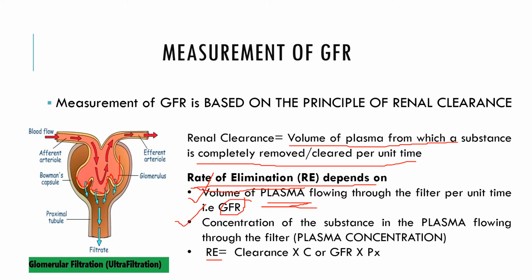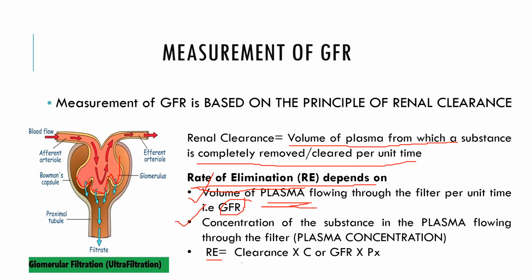And the concentration of the substance in the plasma flowing through the filter, that is the plasma concentration of this substance. So we can say that the rate of elimination is equal to clearance times C, and now we are replacing it with GFR and the plasma concentration.